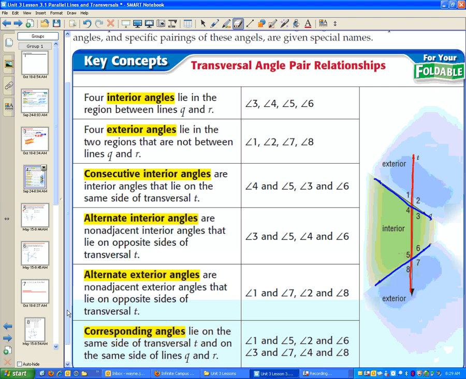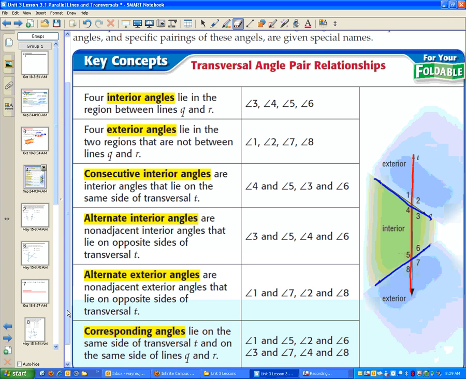Make sense? Well, if those are the interior angles, guess what you call the rest of them? Exterior. So 4 exterior angles line the 2 regions that are not between lines Q and R. So angles 1, 2, 7, and 8 are exterior angles. So interior angles are between your 2 lines. Exterior angles are on the outside of your 2 lines.